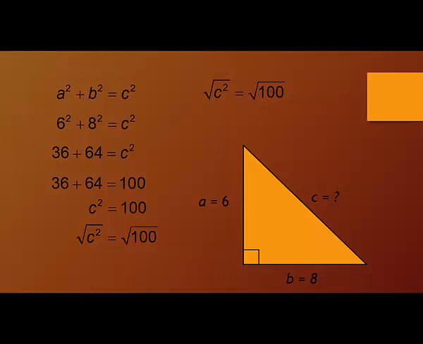And then of course the square root of 100 is 10. And then we would apply our units. We'd want to make sure that we attached our units to whatever our answer was. So the length of side C, or the hypotenuse, is 10 units long. So we should be able then to calculate any hypotenuse if we are given both of the legs of a triangle.